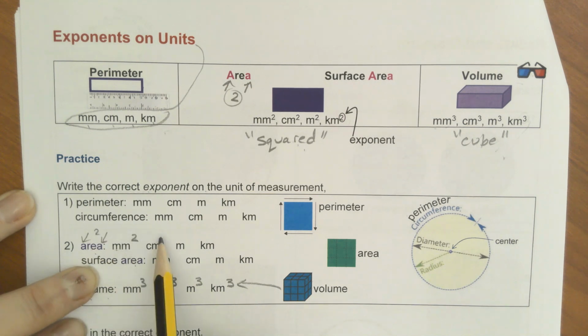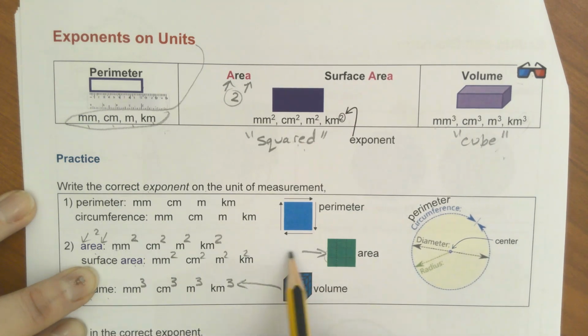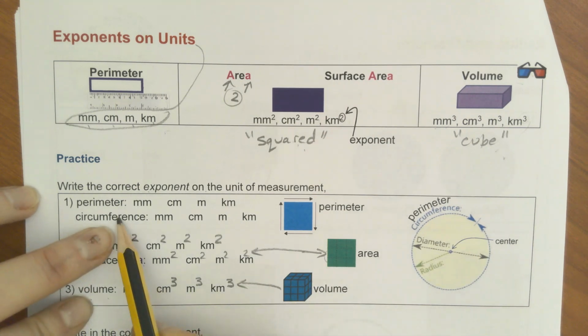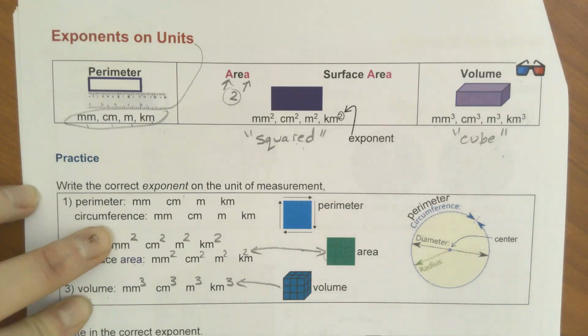Millimeters squared, centimeters squared, meters squared, kilometers squared. Surface area, the same thing, squared. Area is a square, so I use the word square here. And perimeter and circumference, I don't put anything. It's really a 1 hiding there, but we don't write it when we have an exponent of 1.